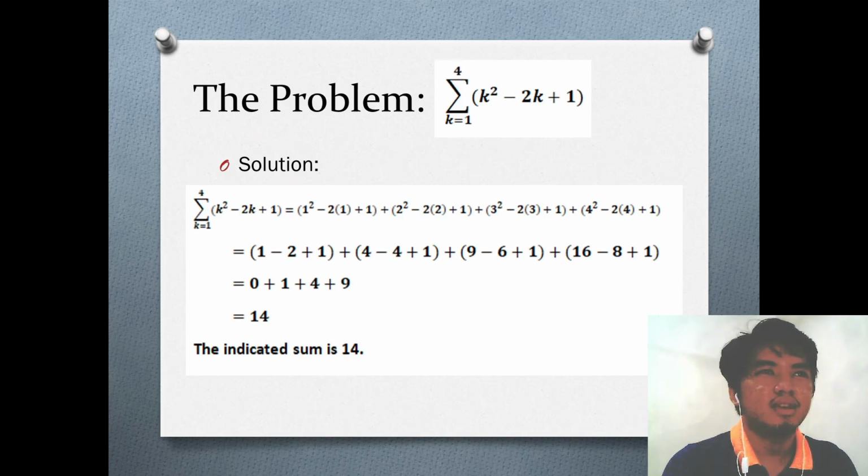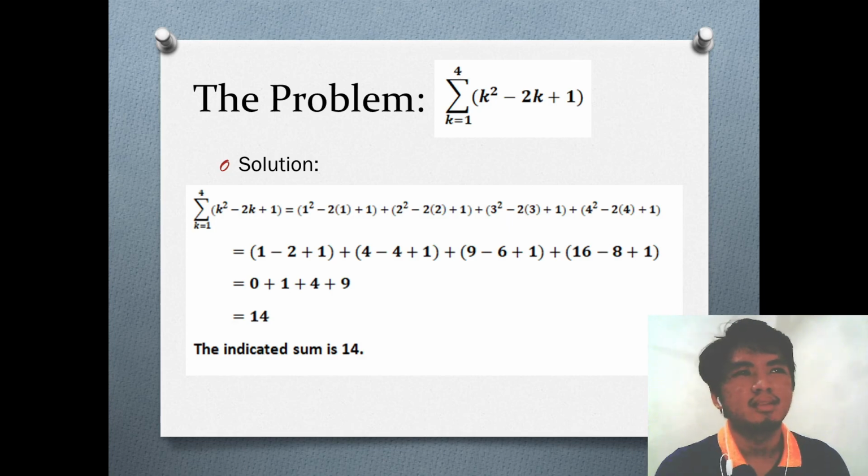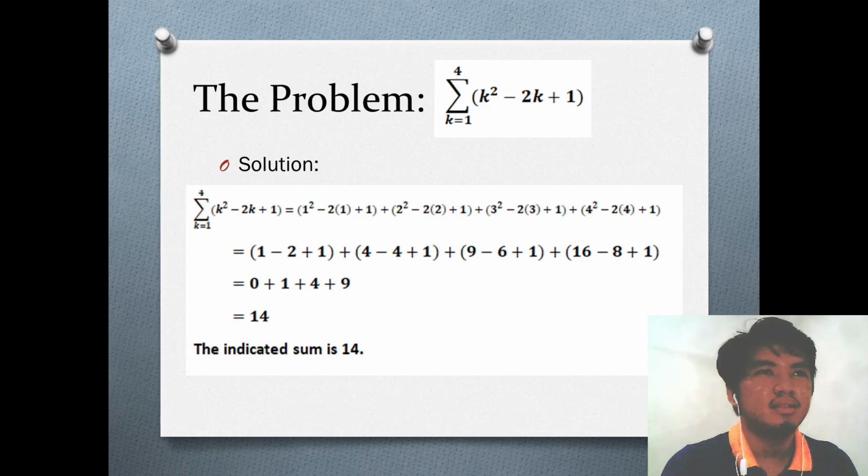And first we're gonna solve the numbers inside the parentheses. So 1 minus 2 plus 1 is 0, because 1 minus 2 is negative 1, plus 1 is 0. So 4 minus 4 is 0, plus 1 is 1.